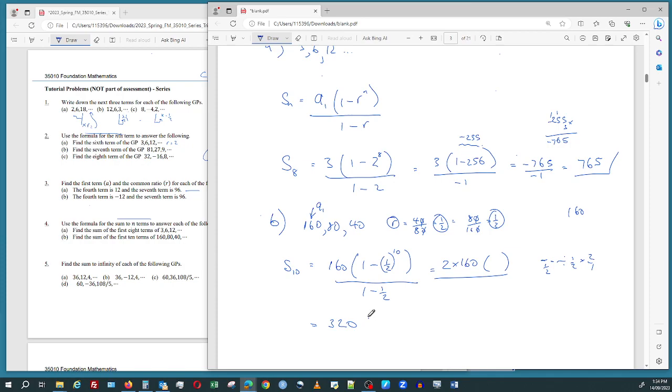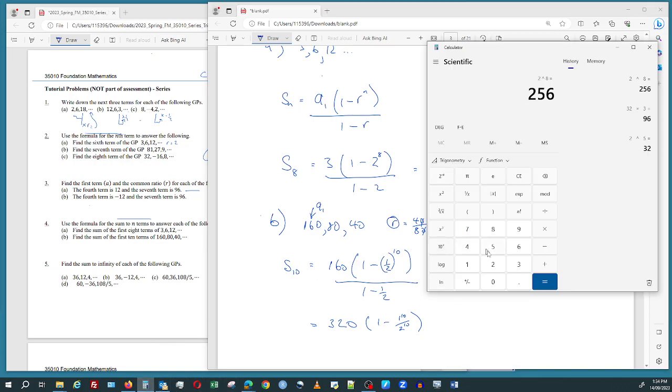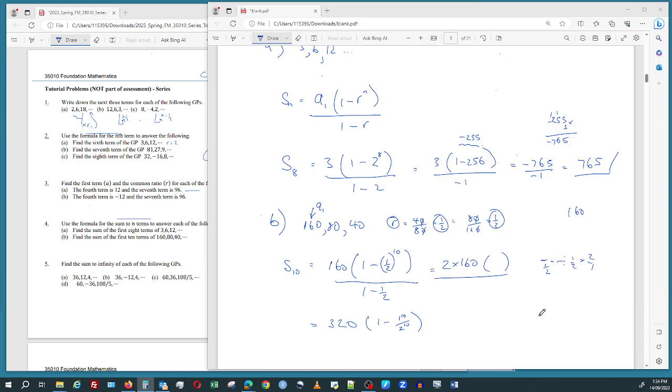So I've only got the top bracket to deal with. 1 minus, now 1 to the power 10 over 2 to the power 10. Okay, so 2 to the power 8 was 256, so 512, so I'm thinking 1024. 2 to the power 10 is 1024. Great.